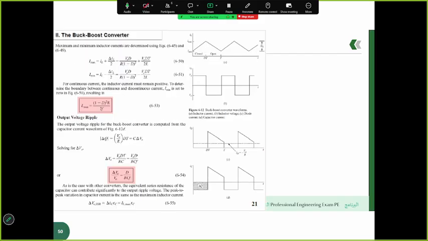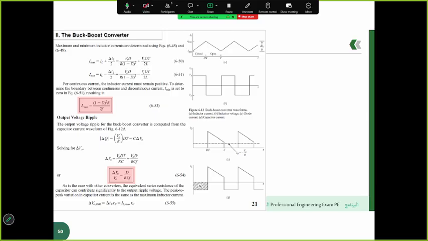This slide continues the analysis of a buck boost converter, and focuses on the calculation of output voltage ripple and the minimum inductor size required for continuous conduction mode. This slide starts by presenting the formula for the minimum and maximum inductor current.